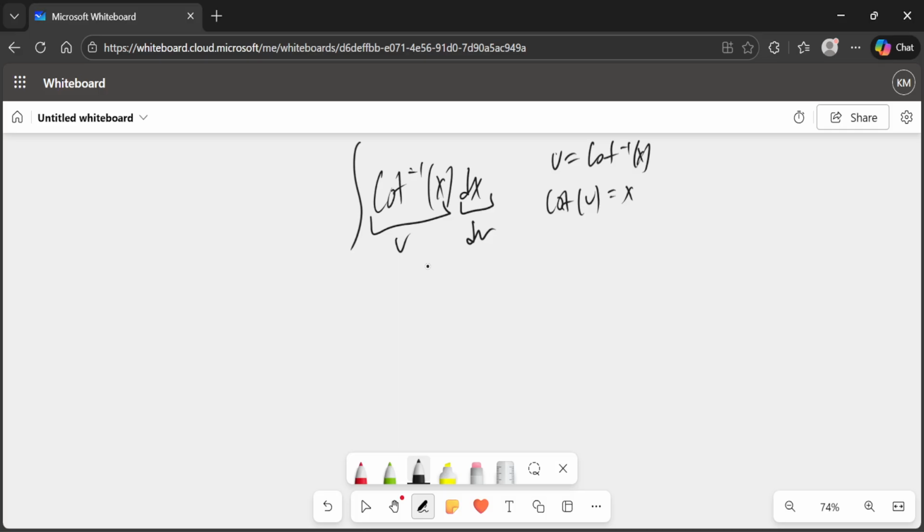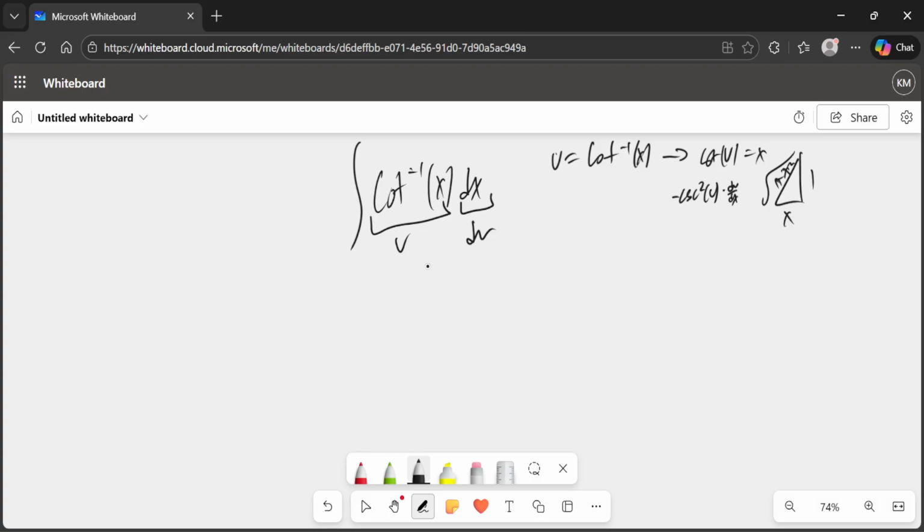We take the derivative of cotangent, that's negative cosecant squared. First, I should construct the triangle. Let me do that. I should do this off to the side. Okay, so then you take the derivative, you get negative cosecant squared u times du dx.